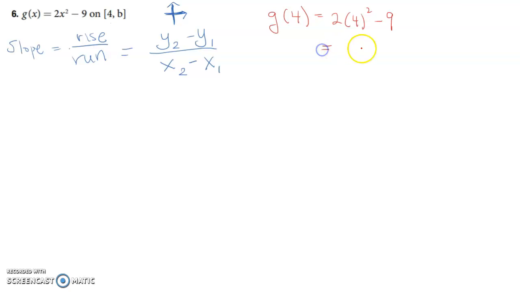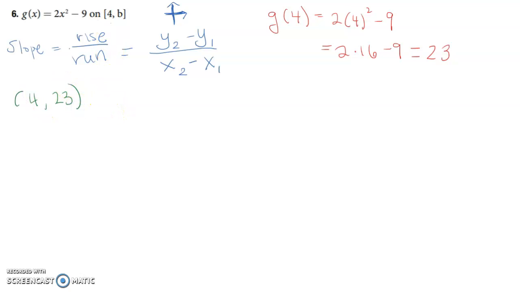So this is going to be 2 times 16 minus 9, and this is going to be 23. This means that when x is 4, our y value is 23. I'm going to record that so I don't forget: when we have 4, our y value is 23.